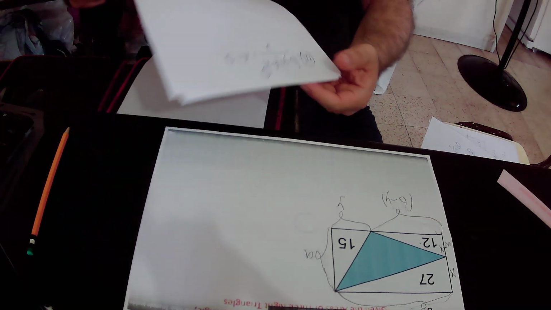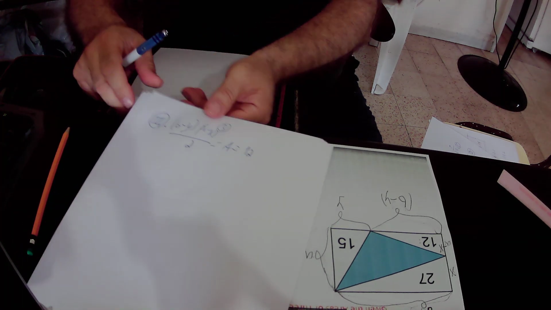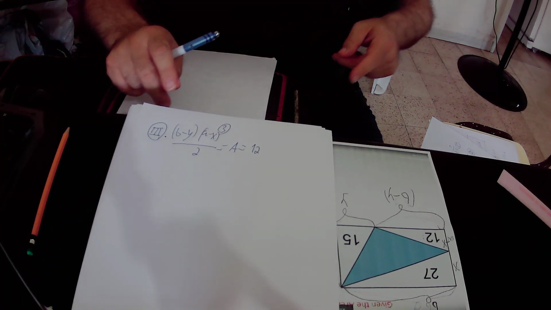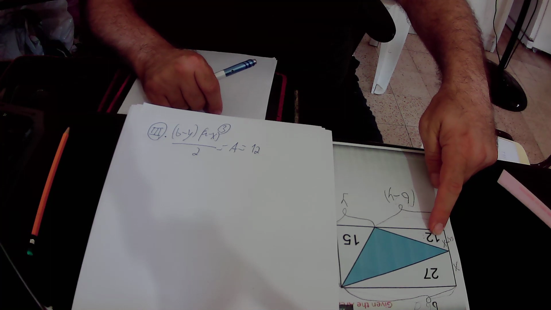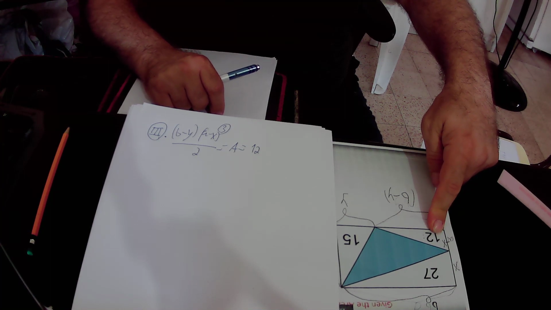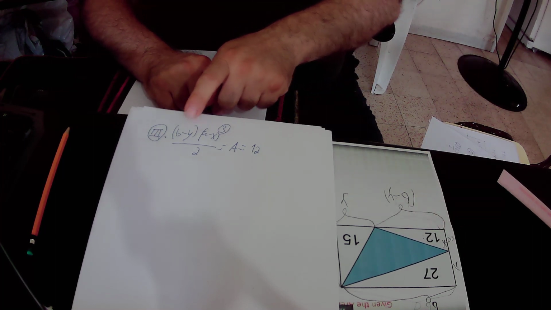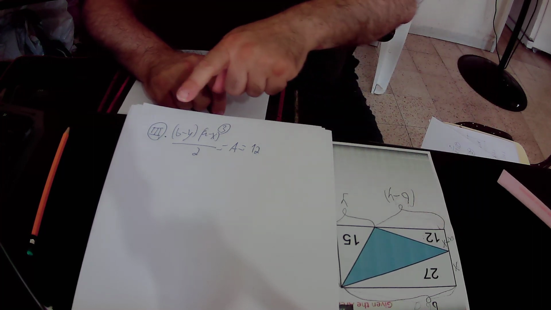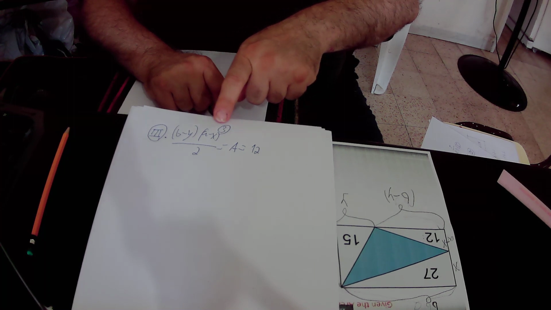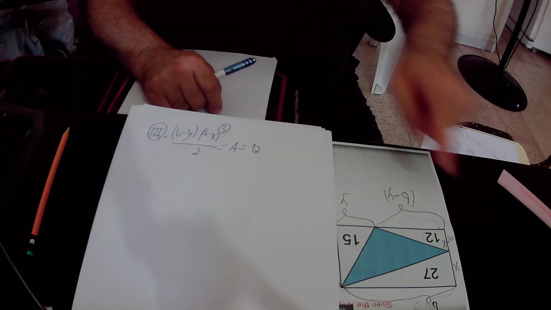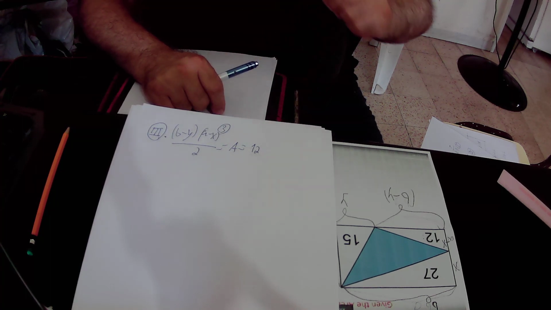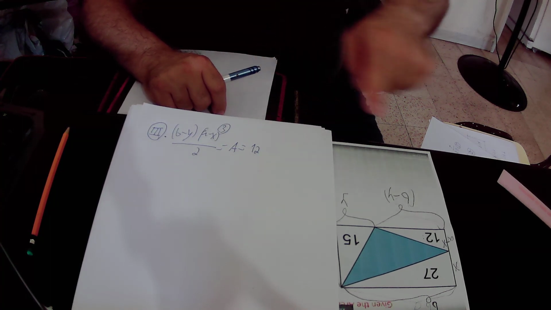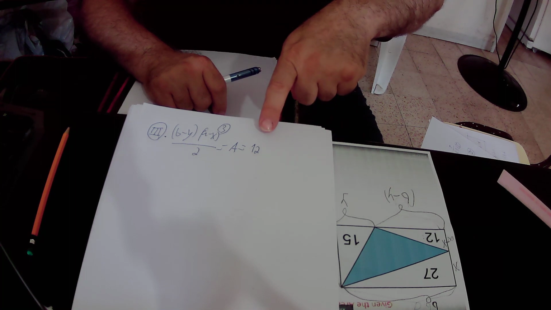So actually this third equation is the formula for the area of this right triangle, that we know equals 12. It is the base of this right triangle, that is b minus y, times the height of this right triangle, that is a minus x, all divided by 2. That equals the area of this triangle, that equals 12.